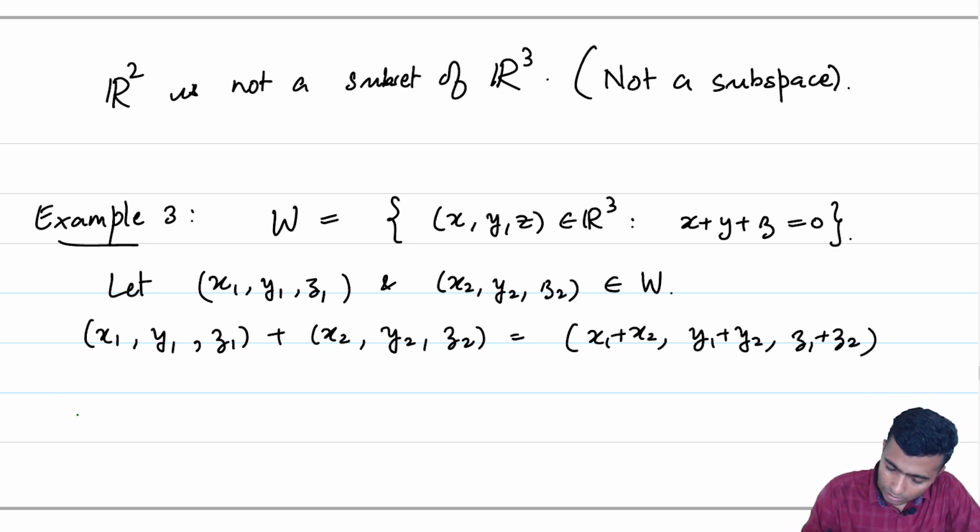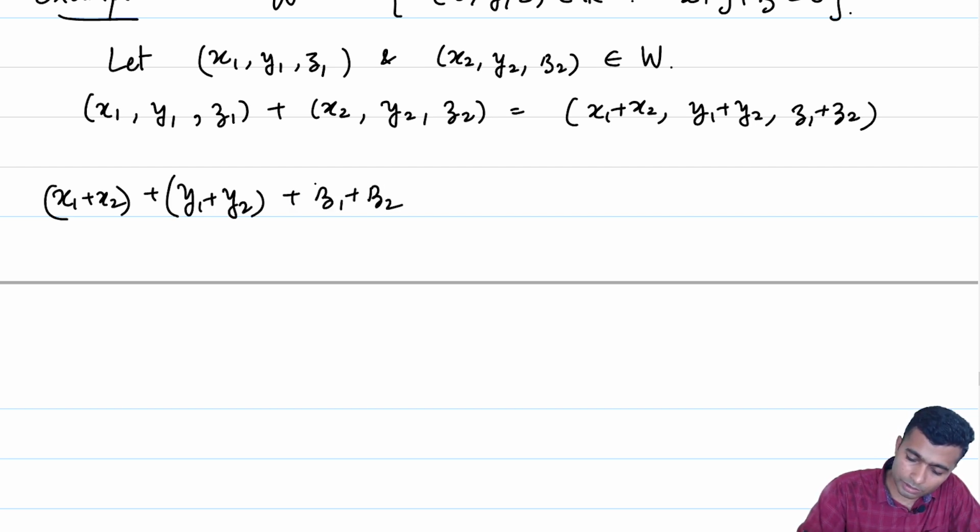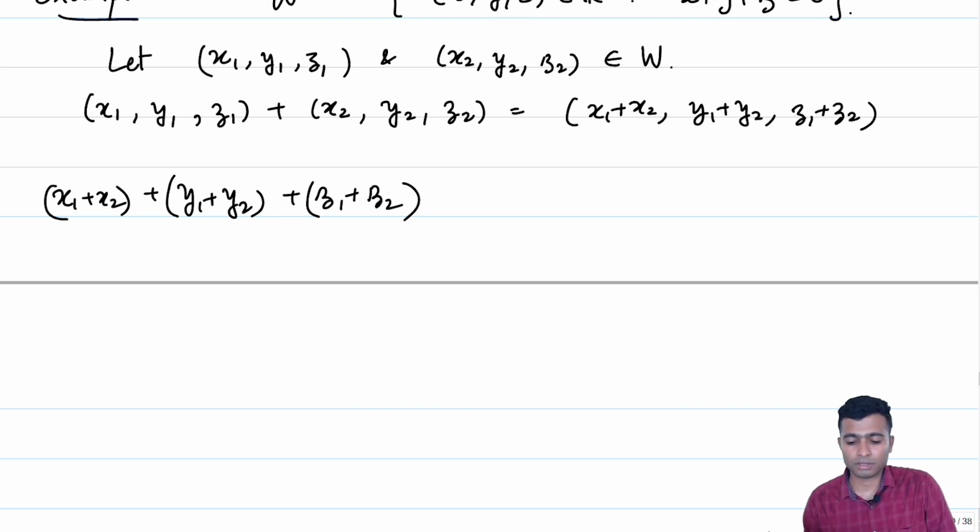So, consider x1 plus x2 plus y1 plus y2 plus z1 plus z2. This is the sum of the coordinates, but these are all real numbers which are being added up, and we know that addition is commutative, and also the order in which we add up these numbers does not matter, right.